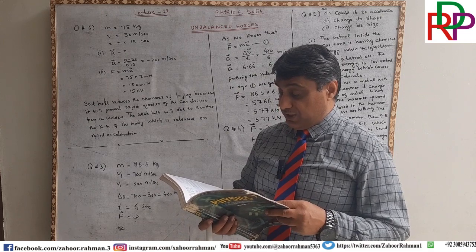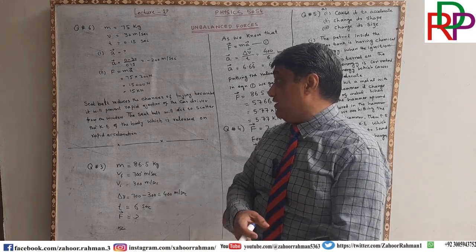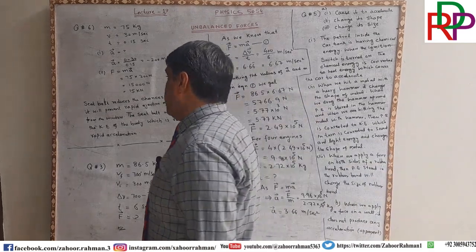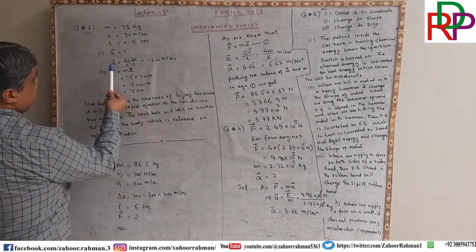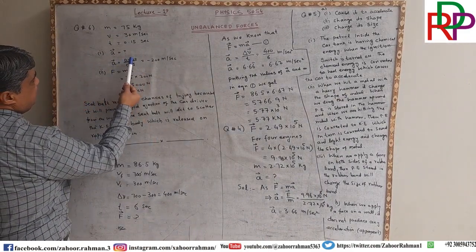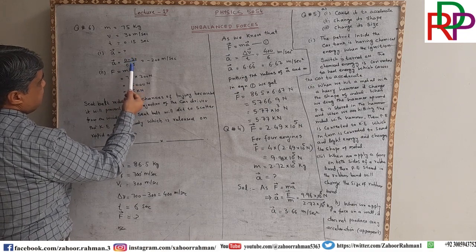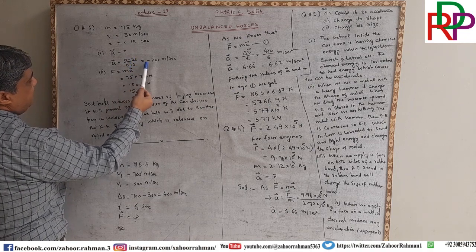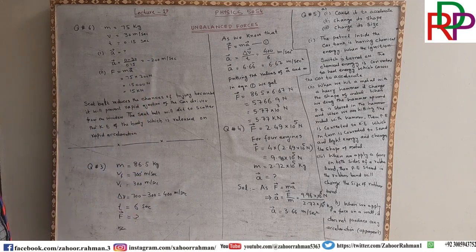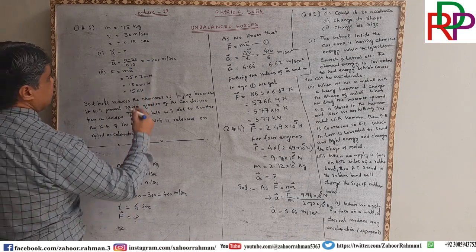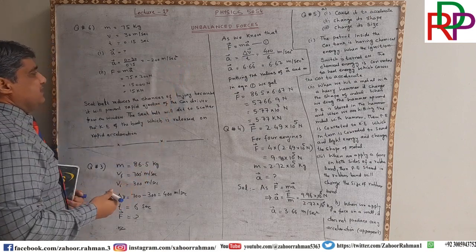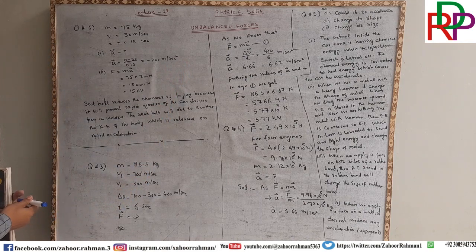The deceleration of the dummy driver. So ladies and gentlemen, a is equal to rate of change of velocity with respect to time. So minus 30 divided by 0.15 will give you minus 200 meter per second square. This is the first part.